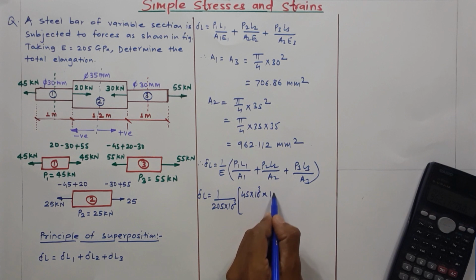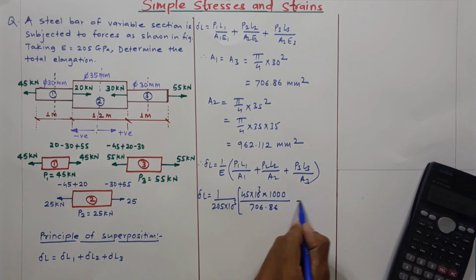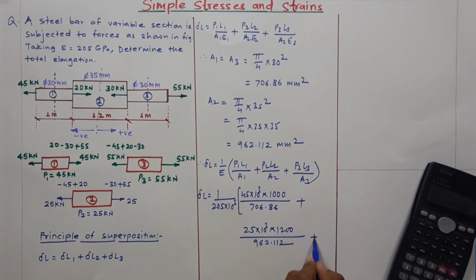Length of first bar is 1 meter, means 1000 mm, divided by area A1, 706.86, plus P2 is 25 kilonewton, that is 25 into 10 raised to 3 into L2 is 1200 divided by A2 is 962.112, plus P3 is 55 kilonewton, means 55 into 10 raised to 3 into length 1000 mm divided by A3 is 706.86.